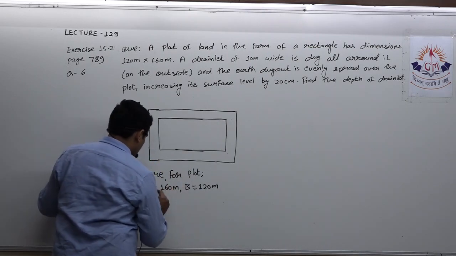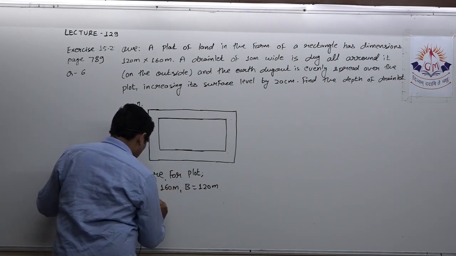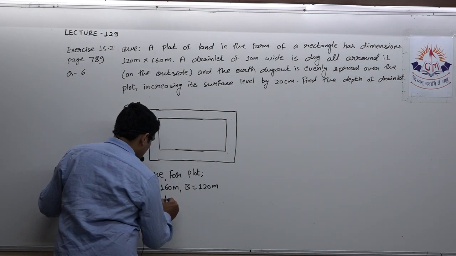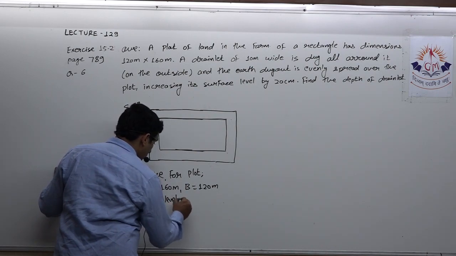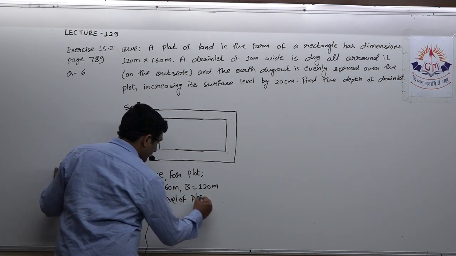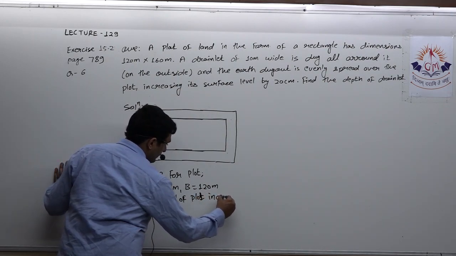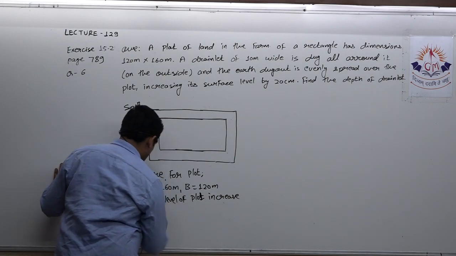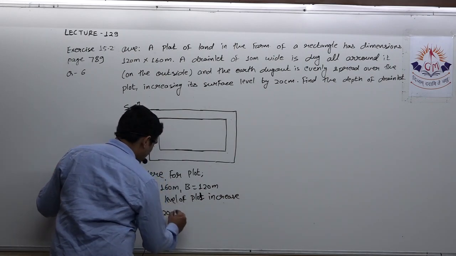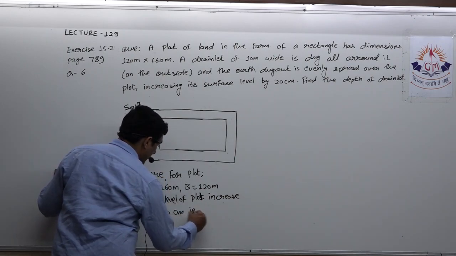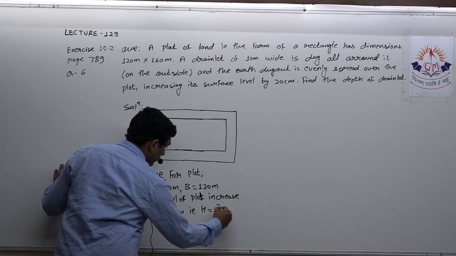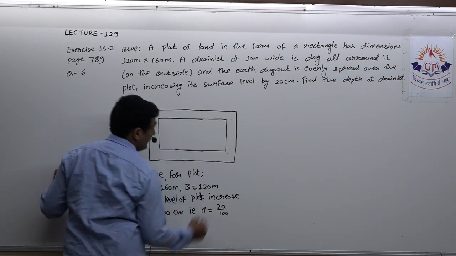So here I can write further, also level of plot increases by 20 centimeter, that is h is equal to 20 upon 100.